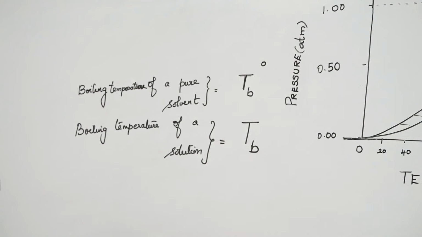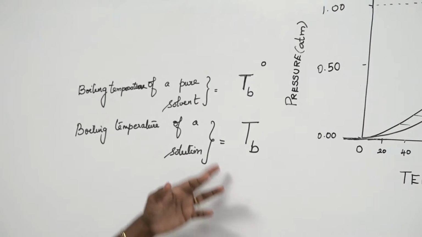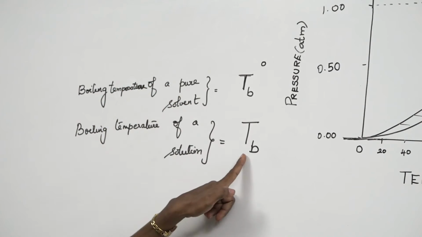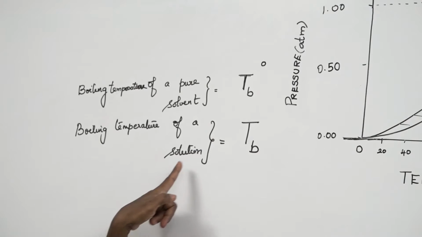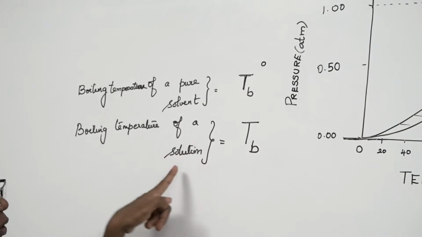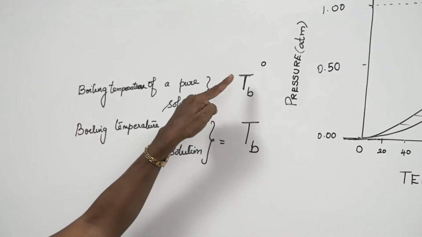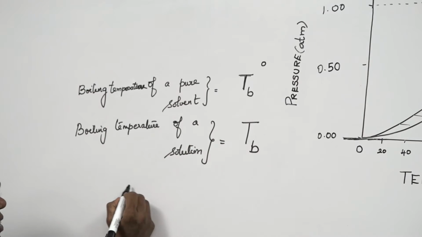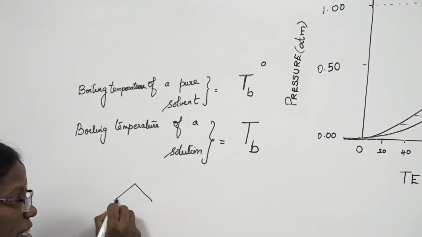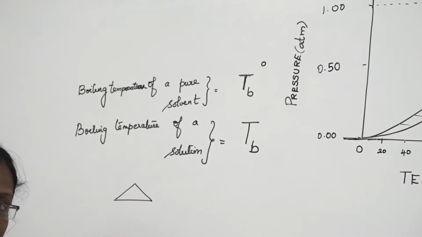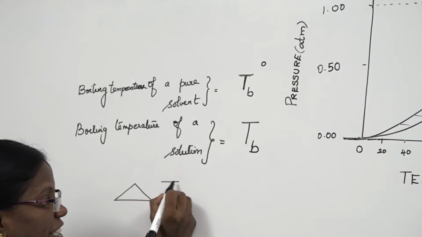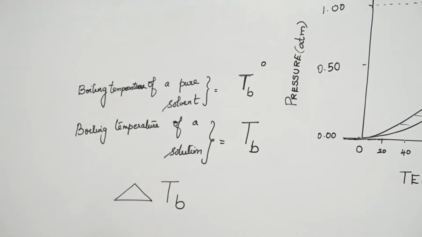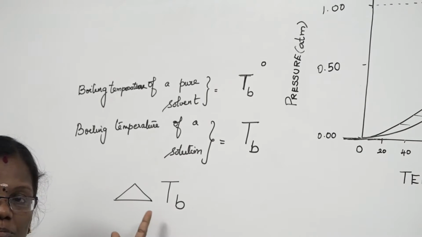As I told you earlier, the boiling temperature of the pure solvent is lesser than that of the solution. In other words, the boiling temperature of the solution is greater than that of the pure solvent. So, the difference of these two temperatures, let us denote it as delta. Since it's a temperature T, and a boiling temperature T_B, what does delta T_B denote?